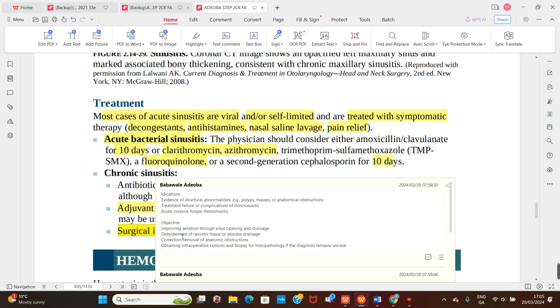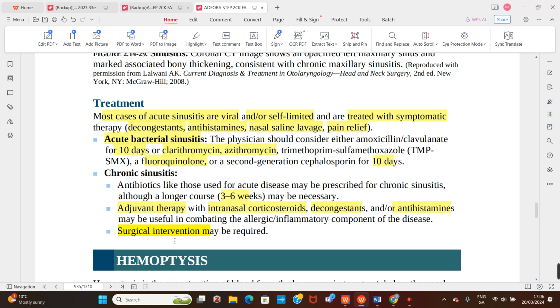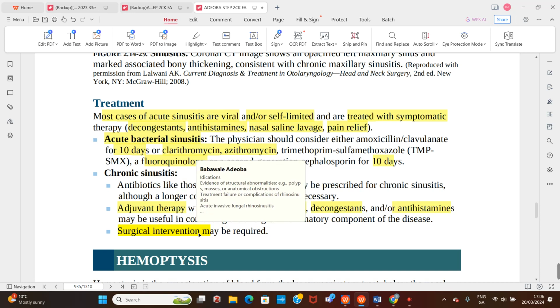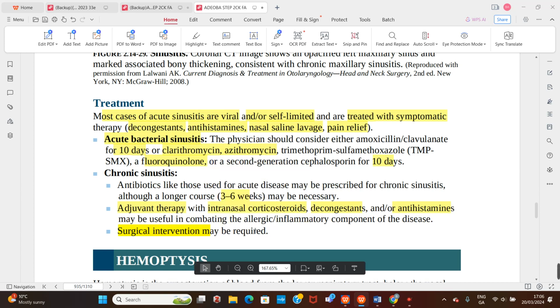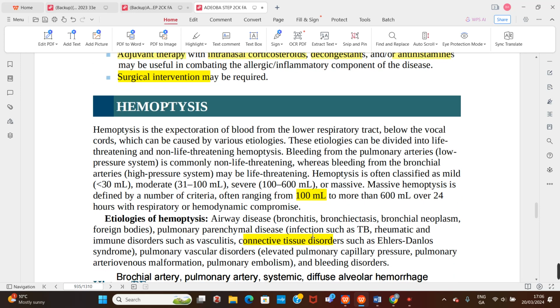And sometimes it is just not clear whatever is happening there, so you might want to go in through a surgical approach. You obtain cultures and biopsy for histology. Those are the conditions where you might need surgical intervention, particularly if the background causes are anatomic problems or masses, you might want to go in. If it's fungal, you have to go in to do debridement.